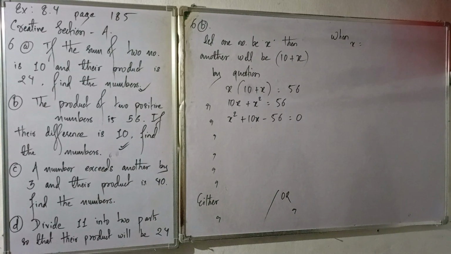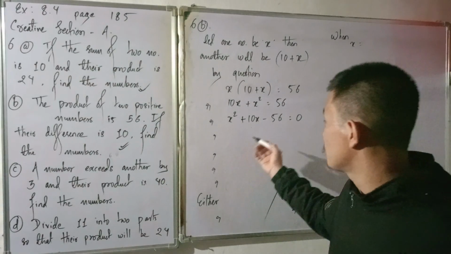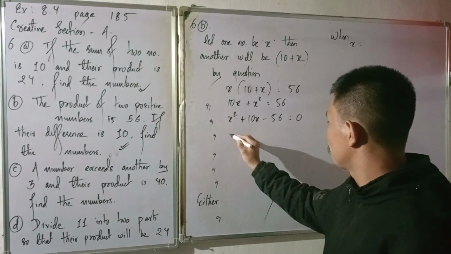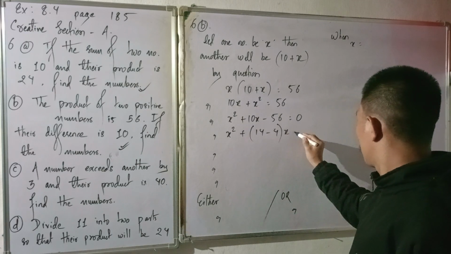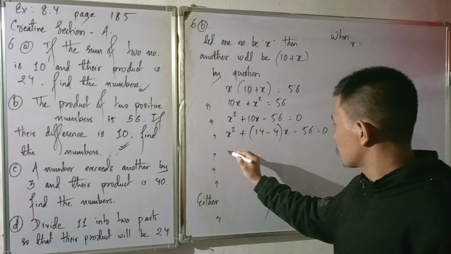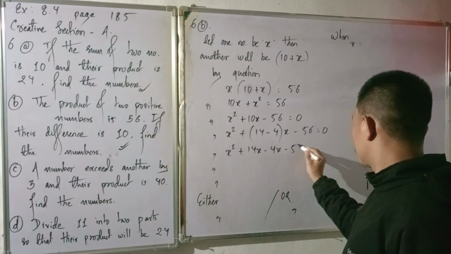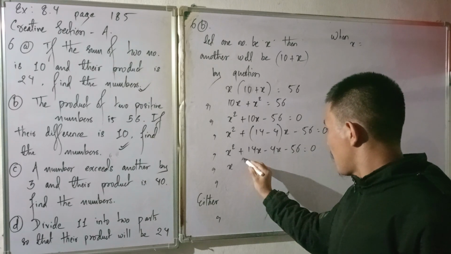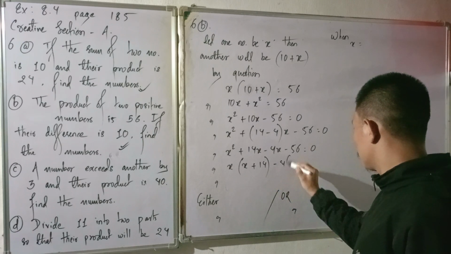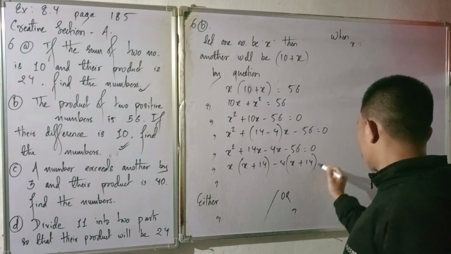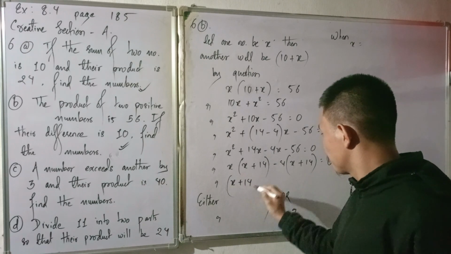Now factors of 56: 14 times 4 is 56, and 14 minus 4 is 10. So x squared plus 14x minus 4x minus 56 equals 0. Take x common: x(x plus 14) minus 4(x plus 14), or (x plus 14)(x minus 4) equals 0.